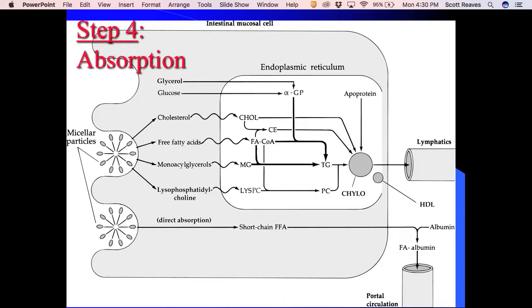So these are meant to show mixed micelles that are bound to the surface of the enterocyte and their contents are diffusing in.